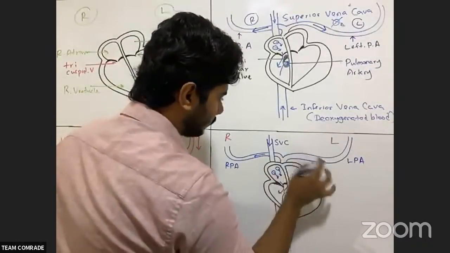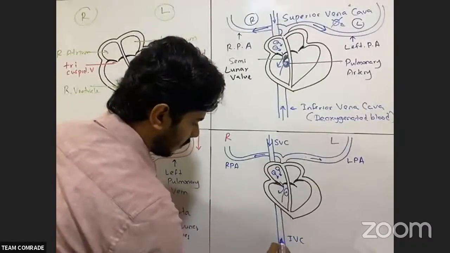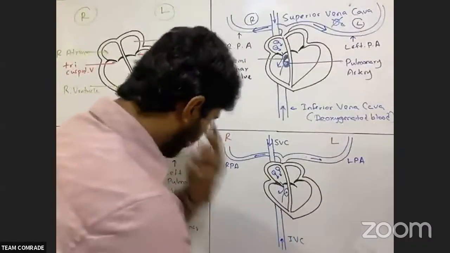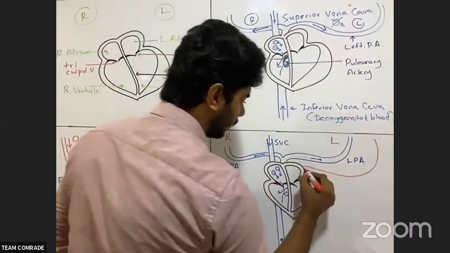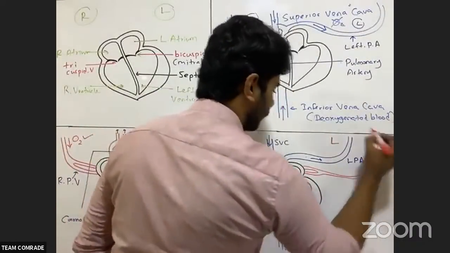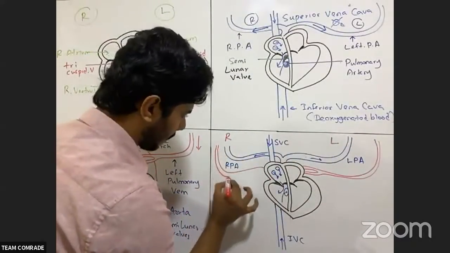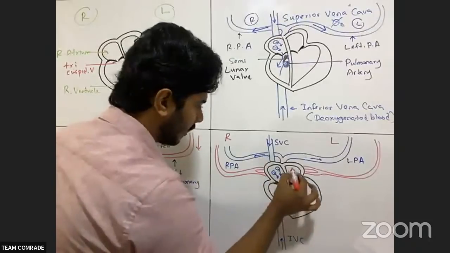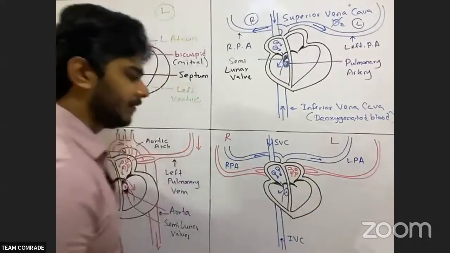Right? Fine. Now this is the IVC, the inferior vena cava. Then what happens? The oxygenated blood is coming from here, like this. And then from here, it comes like this. They all get into where? The left atrium.